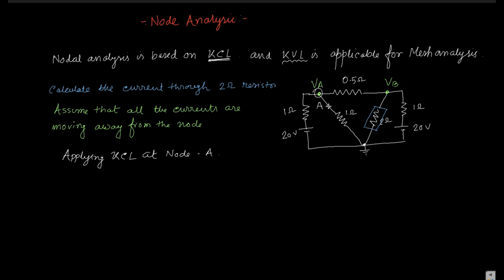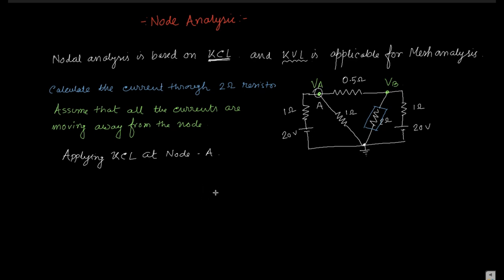How can you tell the voltage is VA? Here 20 volt is supplied. Due to the 20 volt, if some current is flowing, supplied by that voltage source, then when that current flows through this 1 ohm resistance, there must be a voltage drop across it. This voltage minus this voltage is equal to this voltage.